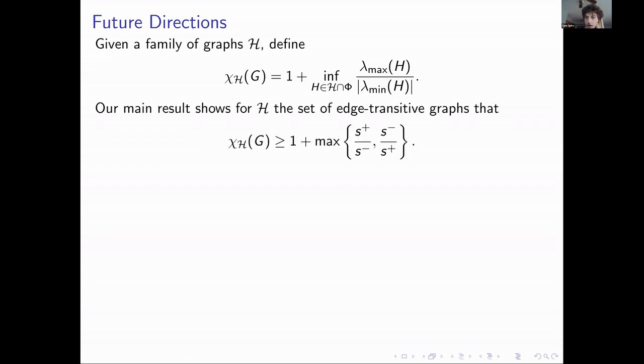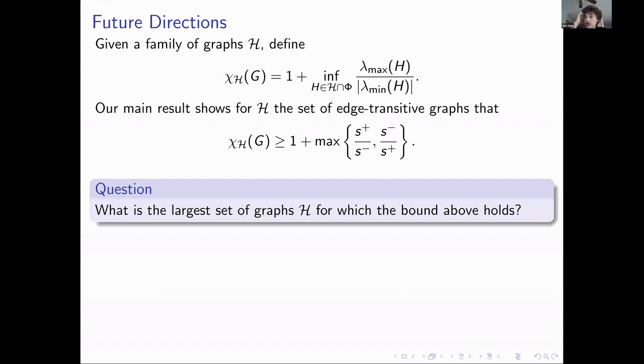In particular, our main result can be rephrased as saying that when H is the set of all edge-transitive graphs, this H chromatic number is at least this quantity here. Once you have this formulation, you can ask to what extent this is general. What's the largest set of graphs such that this spectral bound, which holds for this family, also holds for the other family?